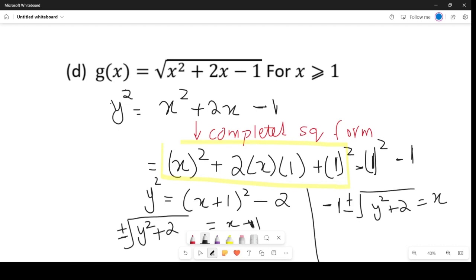Last step would be x gets replaced with g inverse of x minus 1. You can't write plus minus, you have to choose one of them. Which one gets chosen here, plus or minus? Plus. Yes, because here the values are greater than 1. Going to the greater side, so we have to use plus.